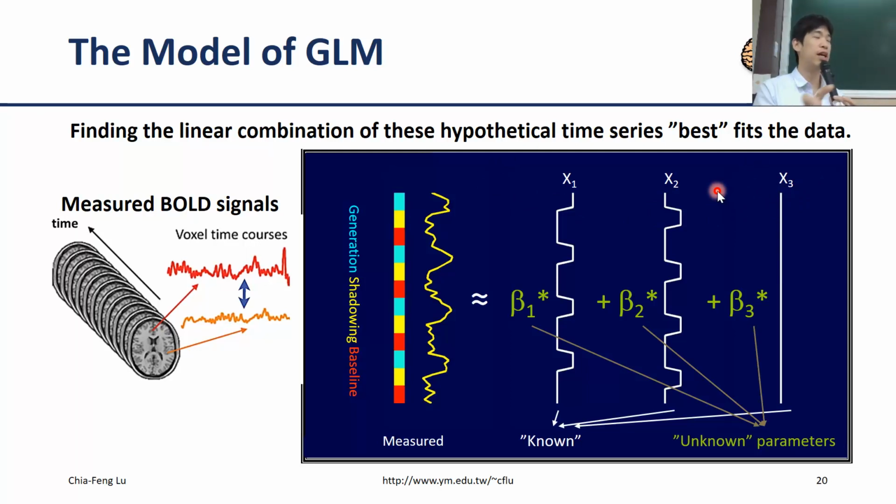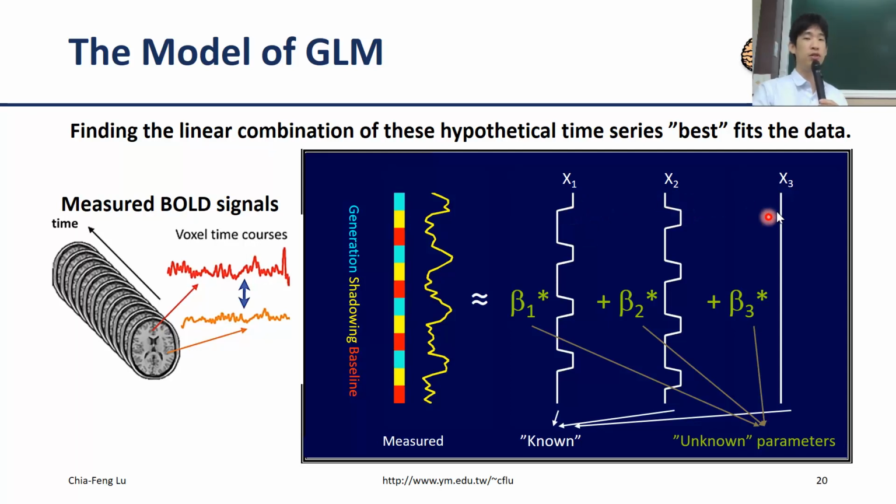This is just like multivariate regression. You can see we have one regressor right here, another regressor, and a third regressor. What we are going to do is this: the white profile is the known variable because I designed the experiment, so I know what kind of anticipated hemodynamic response should happen.